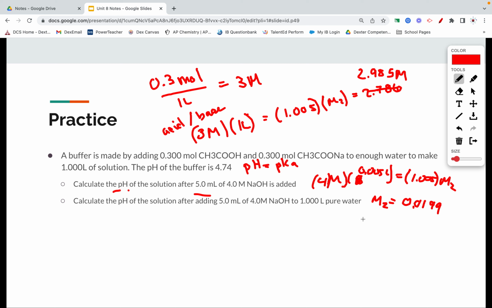It is 0.0199. Because we're adding a base, it's going to react with the acid. So the acid is going to decrease in concentration because it is reacting with the strong base. We take our acid concentration, subtract our sodium hydroxide concentration, and we end up with 0.2786.